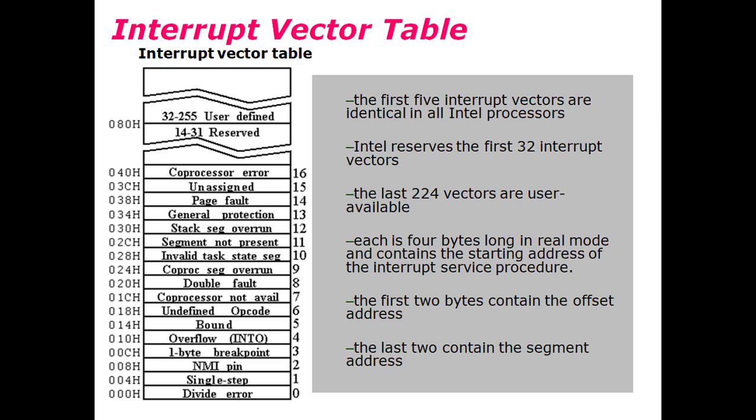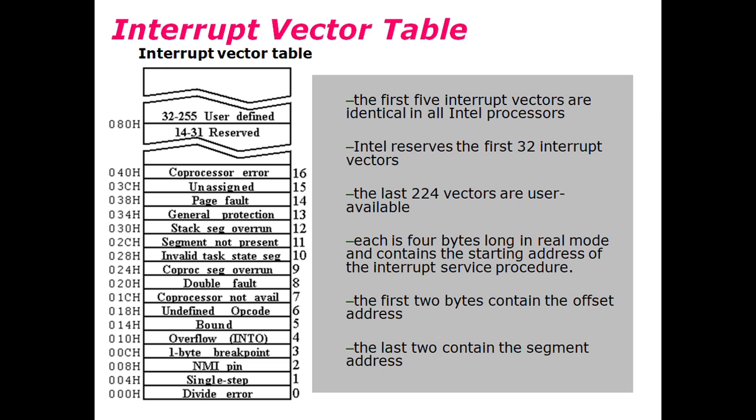Intel reserves the first 32 interrupt vectors. So starting from interrupt vector 0 till interrupt 31, these interrupt vectors are reserved. The last 224 vectors, from vector 32 till 255, are available for users.